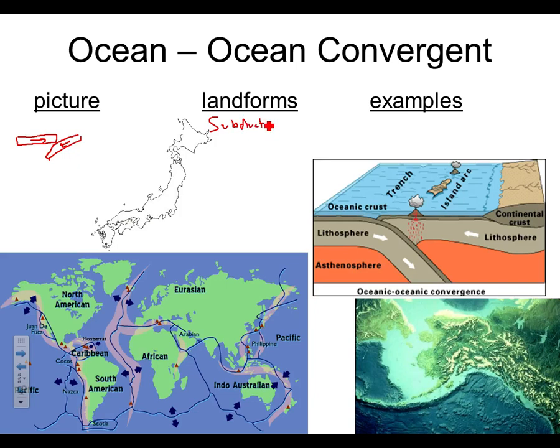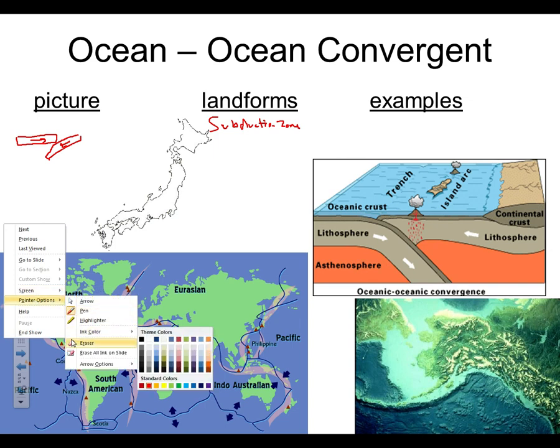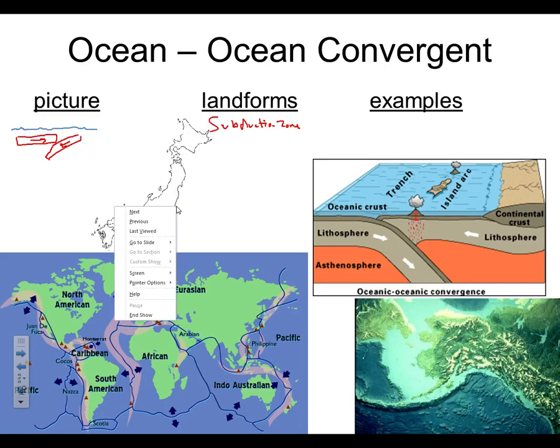Again, what happens when, I'm going to put my water on here just to show you so you remember that it's in the ocean. So I'm going to put my water up here. So what happens when this plate dives down? It's going to melt.